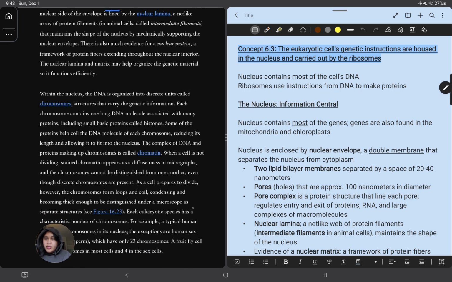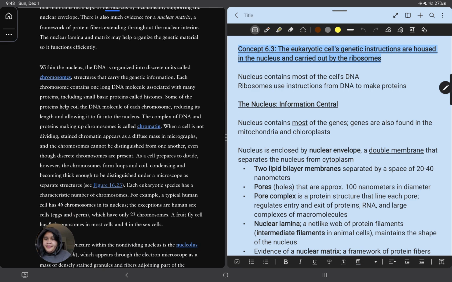And this array of protein filaments maintains the shape of the nucleus by mechanically supporting the nuclear envelope. There is much evidence for a nuclear matrix, a framework of protein fibers extending throughout the nuclear interior. The nuclear lamina and matrix may help organize the genetic material so it functions efficiently.